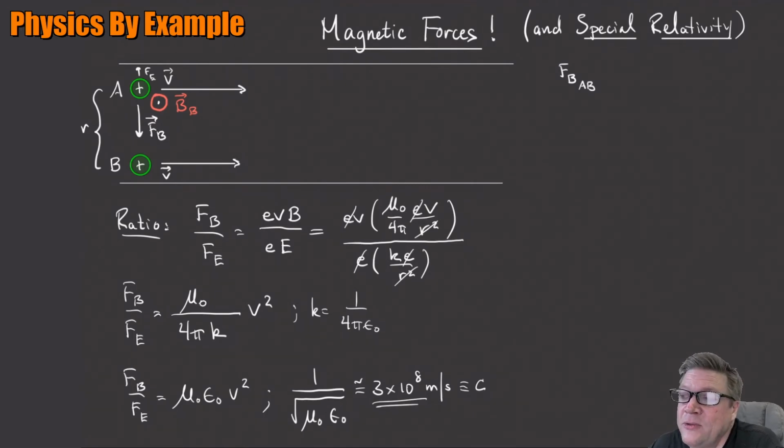Well, this was found by different means that we'll talk about in a subsequent video. This was found by Maxwell back in the late 1800s, and he took the step of noting that it probably was not a coincidence that this combination of fundamental constants was so close to the then observed speed of light. And he just took it to mean that that actually is the speed of light. That defines the speed of light.